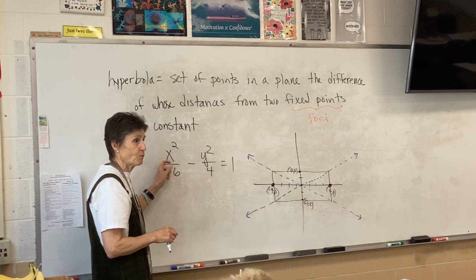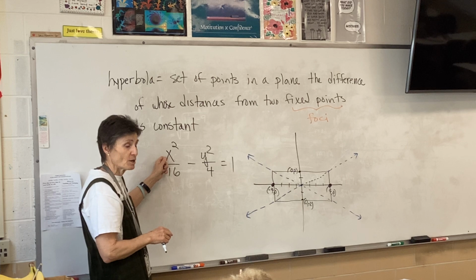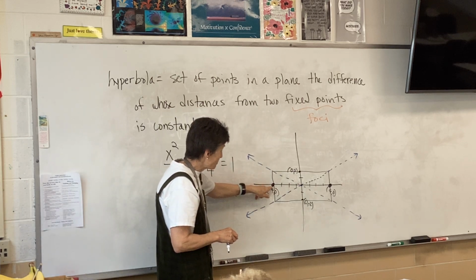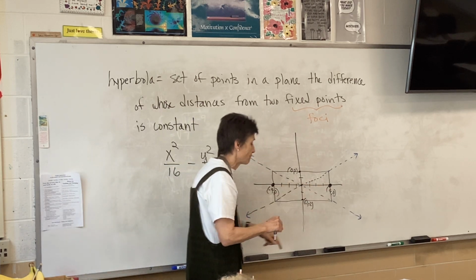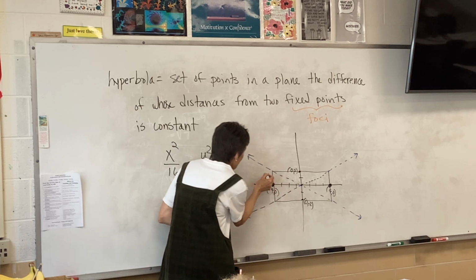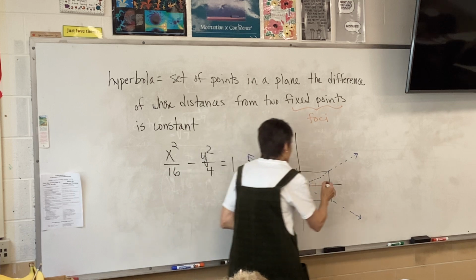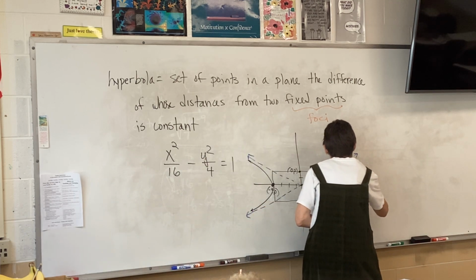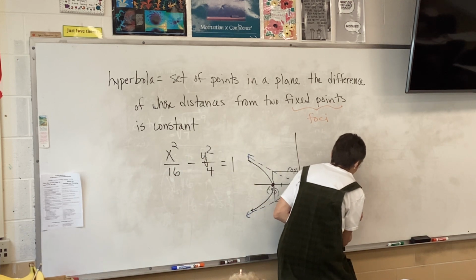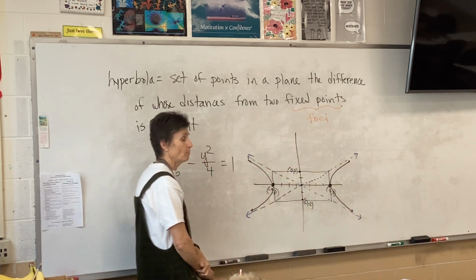Whatever letter comes first in the equation, I want you to make those points a little bit bigger. And then I want you to draw in a curve on each side. And that is your hyperbola.